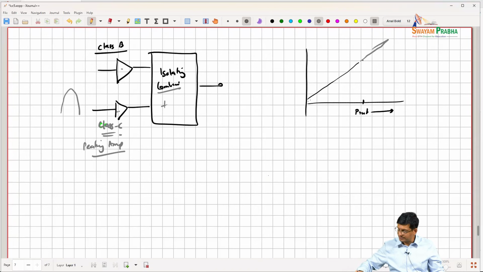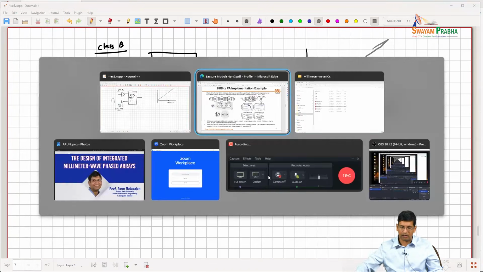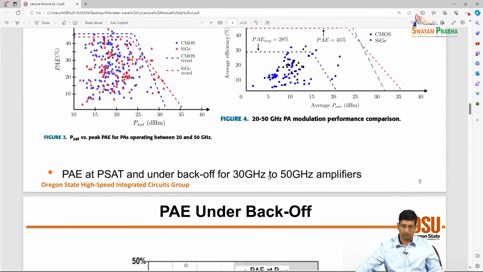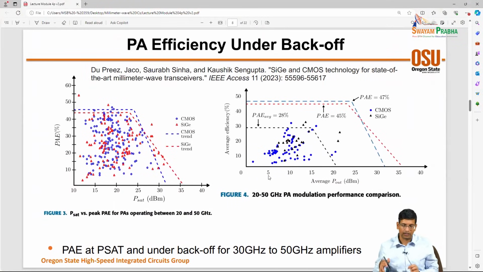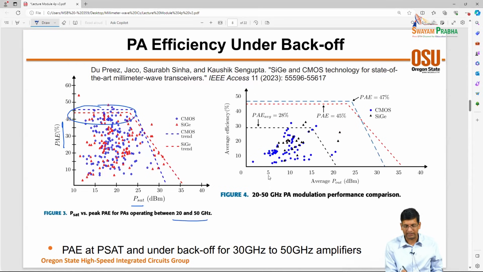So just to give you a sense of where things are, what you can see over here is 20 to 50 gigahertz PAs, a survey that was done in this paper. If I look at the peak PAE at saturated power, you can see the PAEs are in the 35 to 40% range for these designs, up to about 22, 23 dBm.